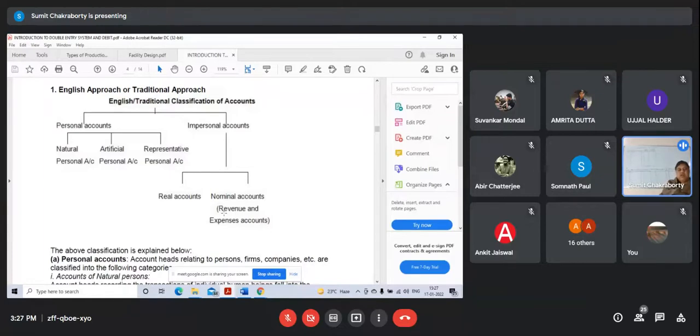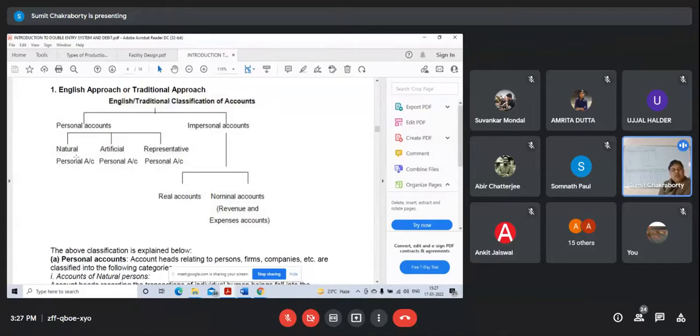As you can see, there are two types of accounts in the English approach. One is personal account and the other is impersonal account. In personal account, there are three: natural personal account, artificial personal account, and representative personal account. And in impersonal account, real account and nominal accounts, or revenues or expenses accounts.